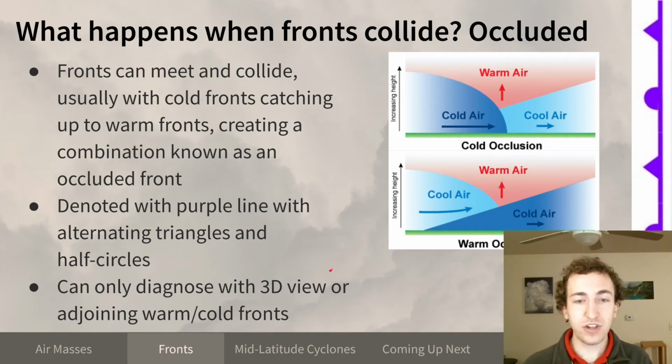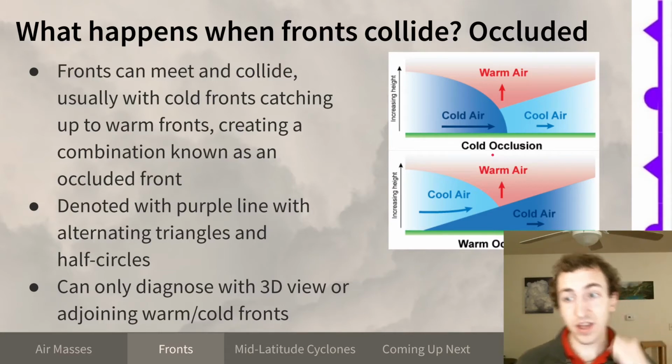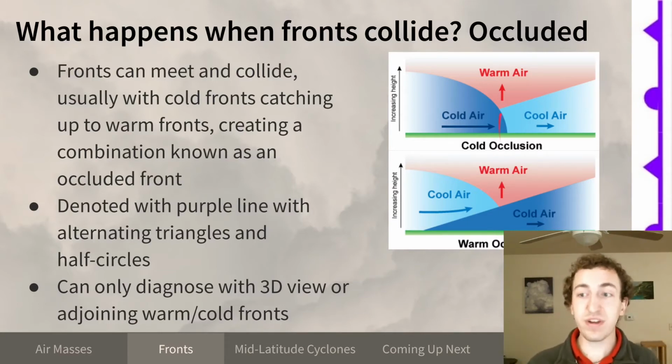And if you're just looking at this line, essentially where this boundary happens on the surface, you can't quite tell because, again, on a surface, there's just enough information to tell between two different air masses. To know whether it's actually an occluded front, a sort of combination or collision of two different fronts together, you have to have a 3D view like this cross section and your typical surface analysis to know there's warm air above that got pinched off from the surface.